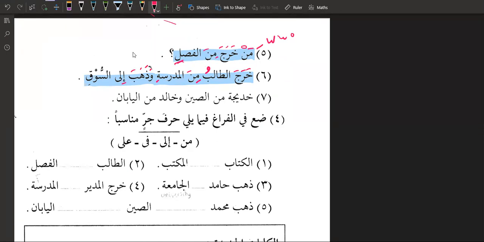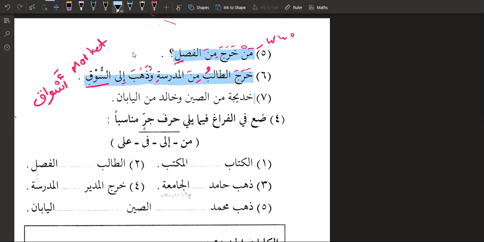The student left from the school and went to the market. السوق is a new word, which means market. Just as a side benefit, the plural of سوق is أسواق, markets. The student left the school and he went to the market.